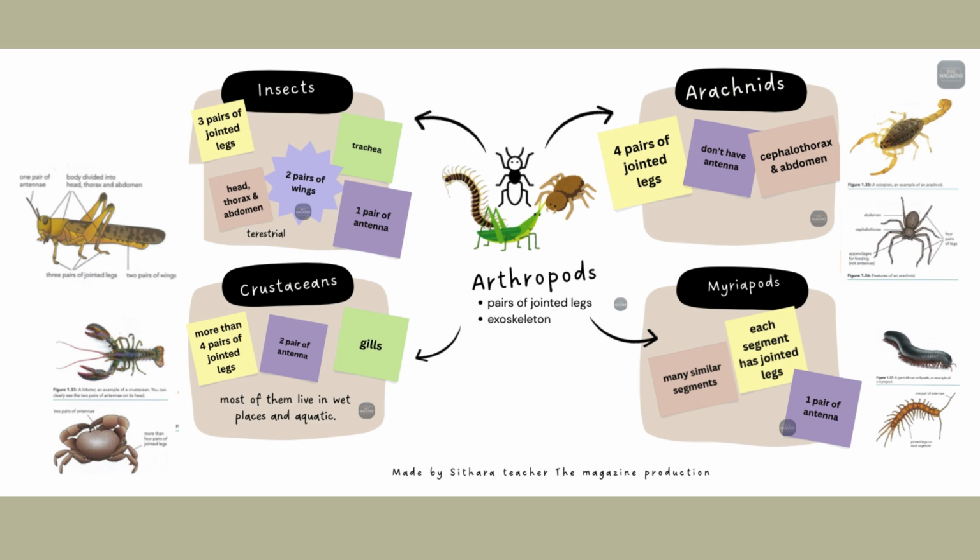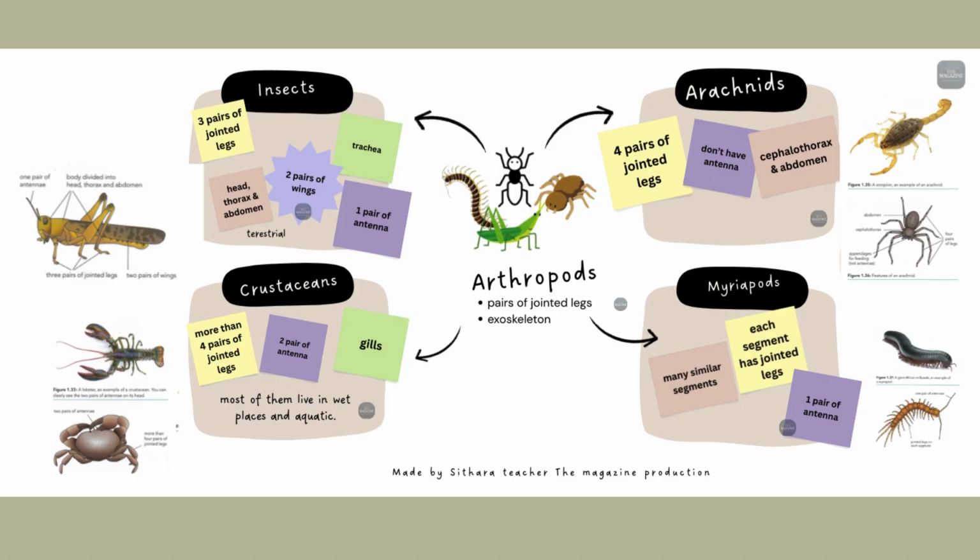Before moving to arthropods, I need to mention that arthropods are categorized under invertebrates because they don't have a vertebral column. In arthropods, we have to study four subgroups: insects, crustaceans, myriapods, and arachnids.